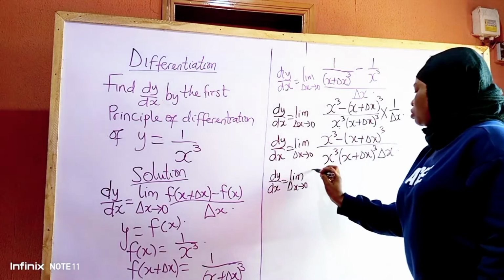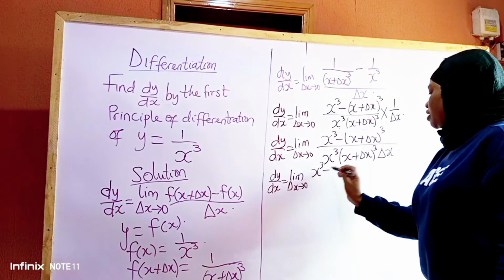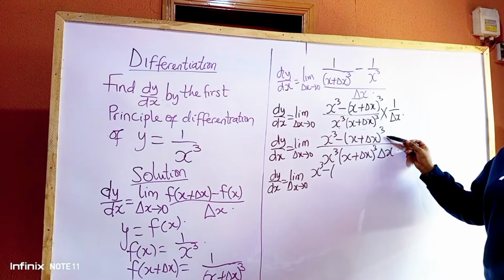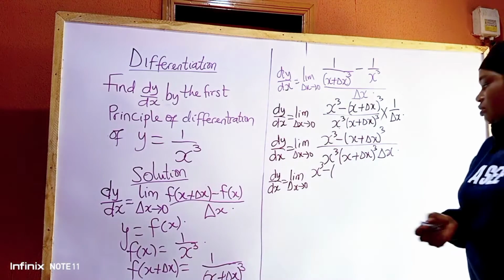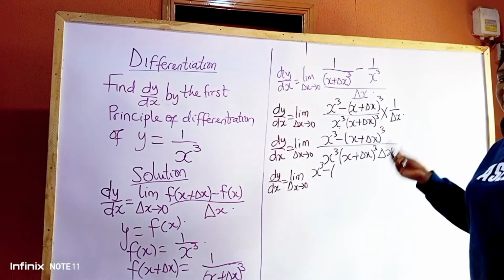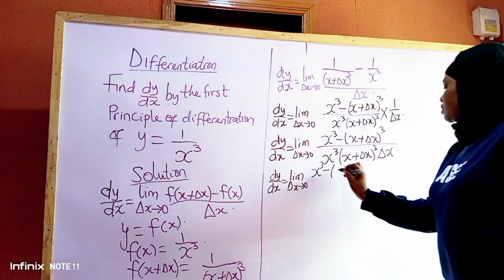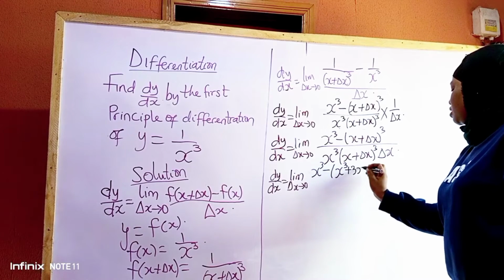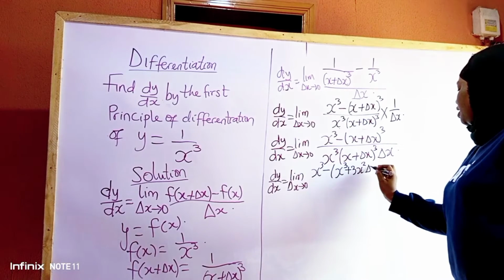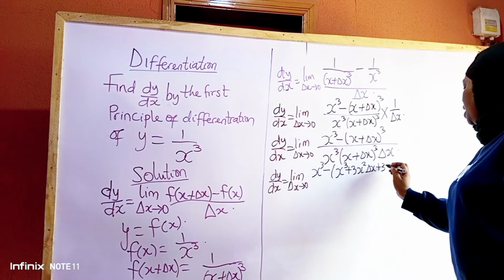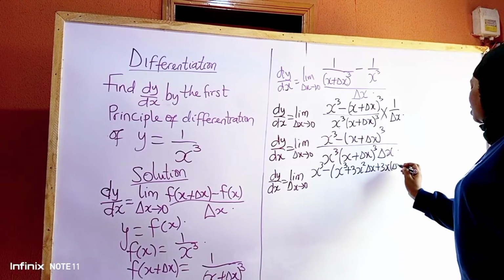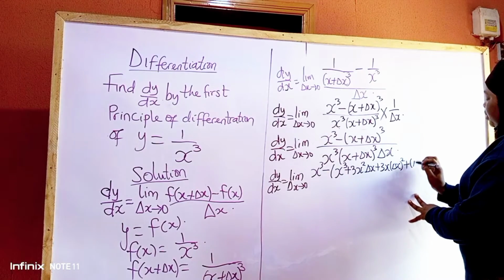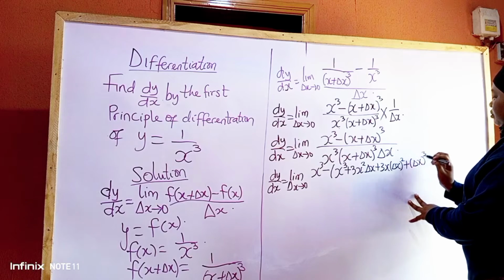So I have x cubed minus, so if I expand this x plus change in x cubed by binomial expansion, using Pascal's triangle as my coefficient, I have x cubed plus 3x squared change in x plus 3x change in x squared, then plus change in x cubed.